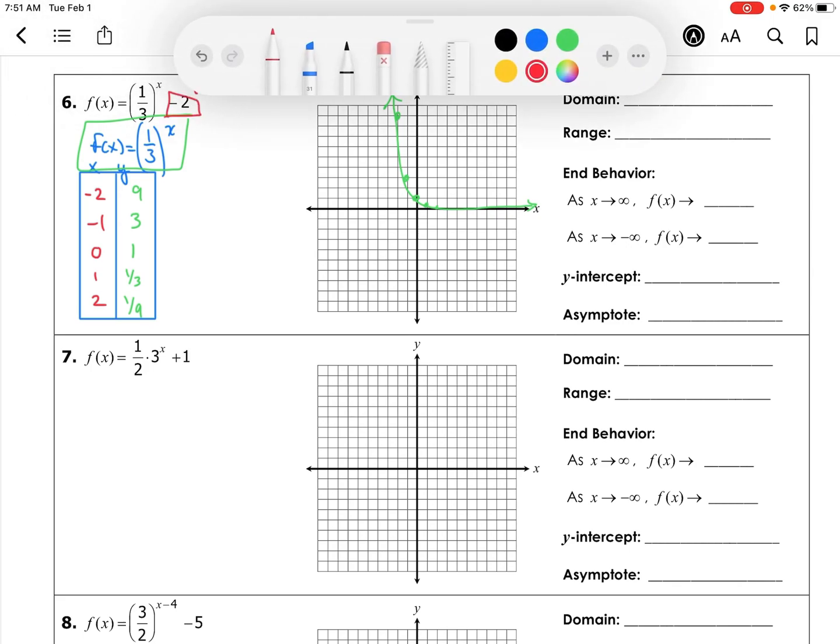That's what that 2 means, remember? So all the points that I just did, I'm going to bring them down 2. Down 2. Down 2. So now our graph is going to look like this.